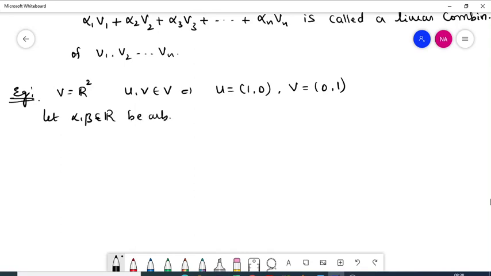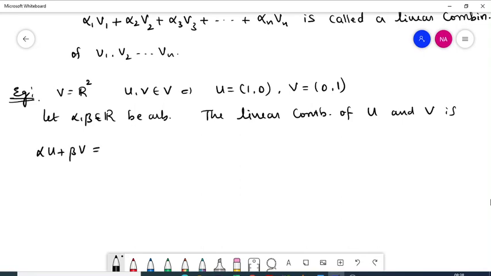Then the linear combination of u and v, in the sense that the linear combination of V1, V2, Vn is alpha 1 V1 plus alpha 2 V2 plus alpha 3 V3 and so on alpha n Vn, is alpha u plus beta v.